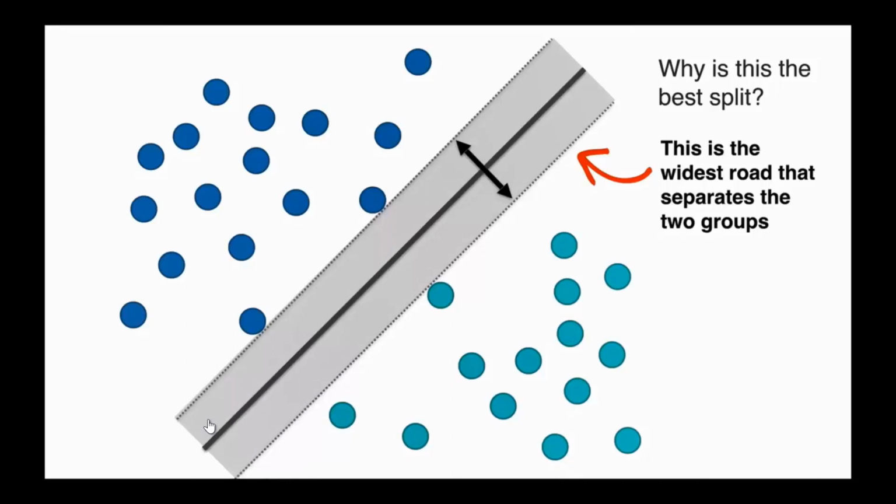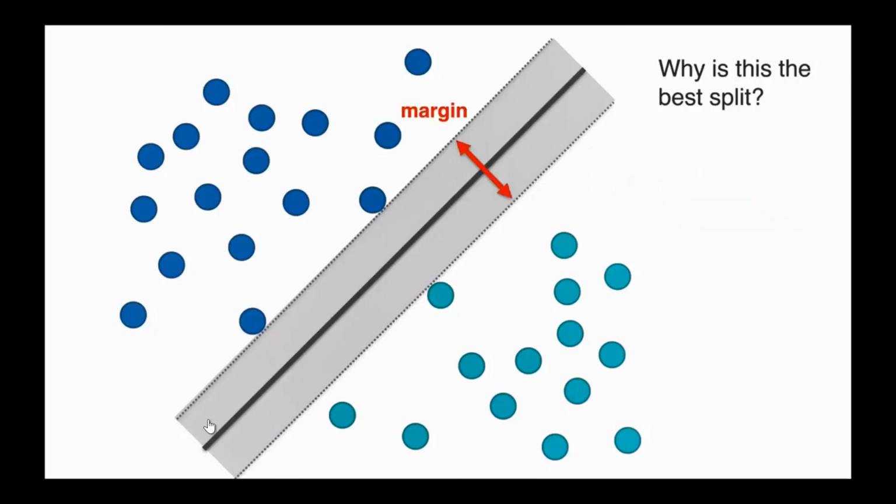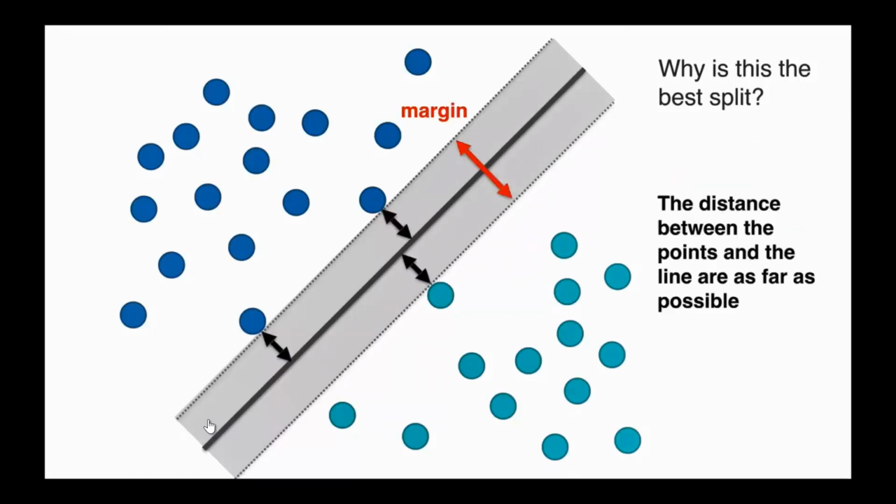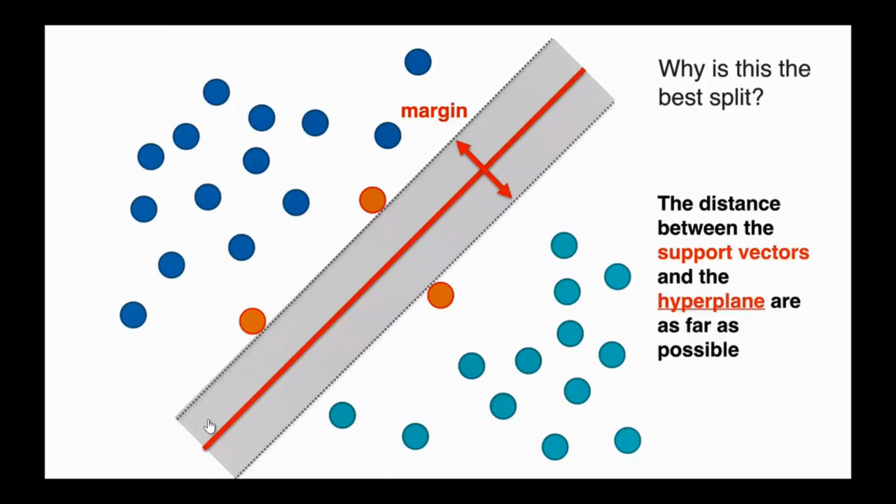So let's add in some more technical terms now. Instead of saying this is the widest road that separates the two groups, we can say this is the widest margin that separates the two groups. Another way to say this is the distance between the points and this line is as far as possible. These points here can also be called support vectors, and this line here can be called the hyperplane.